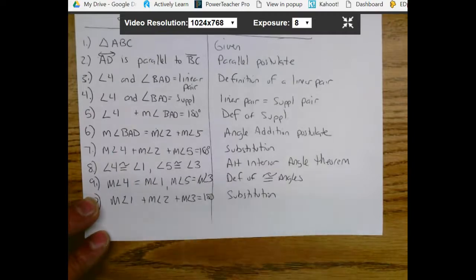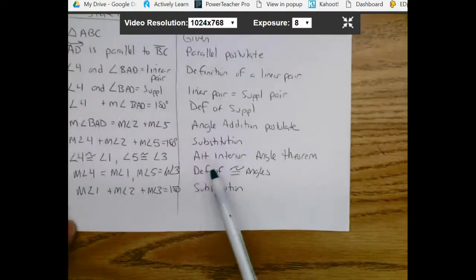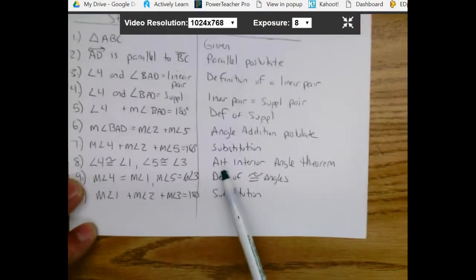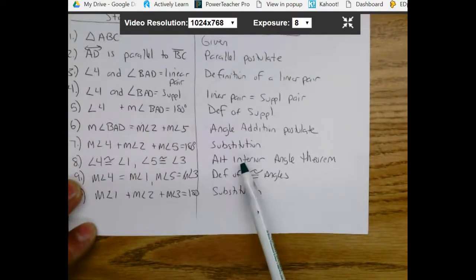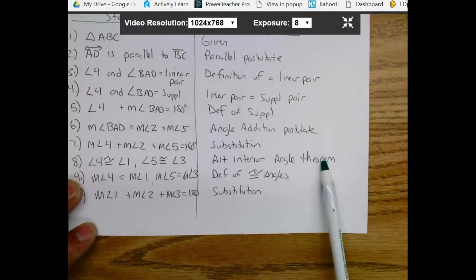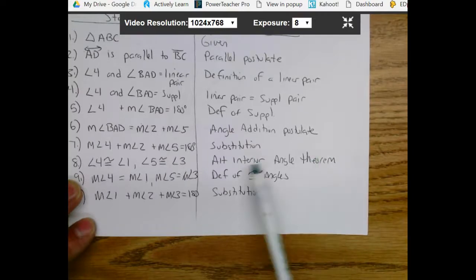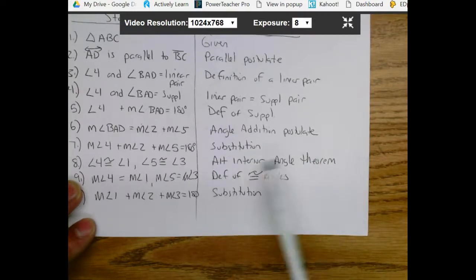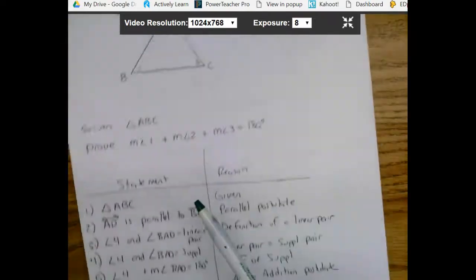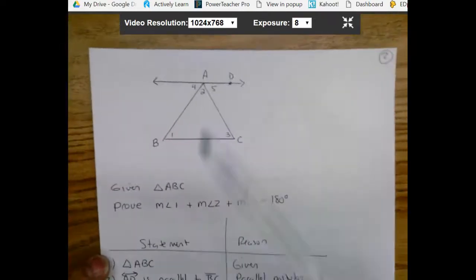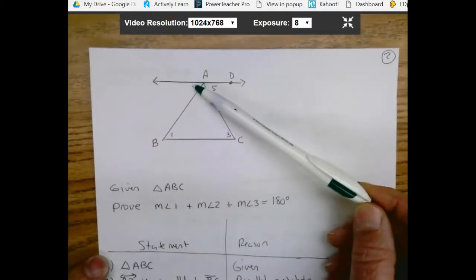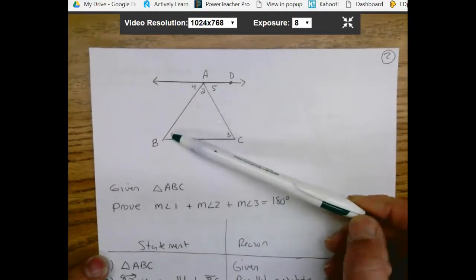Then we're going to use something that we learned maybe a couple weeks ago, the alternate interior angle theorem. It says that alternate interior angles are equal to each other. If we go back to our triangle and we see angle 4, the alternate interior angle would be 1.